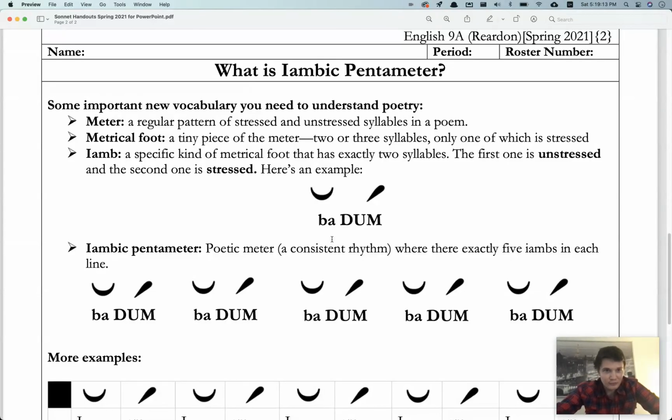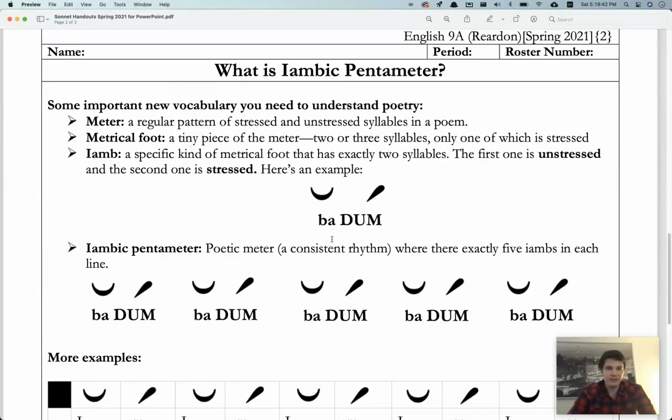Meter is just a fancy word for a regular pattern of stressed and unstressed syllables in a poem or in a line of Romeo and Juliet. A foot is a word that we use to refer to a tiny piece of the meter. So 2 or 3 syllables, only one of which can be stressed, and there are a lot of different kinds of them. It just depends on the order of the stress.